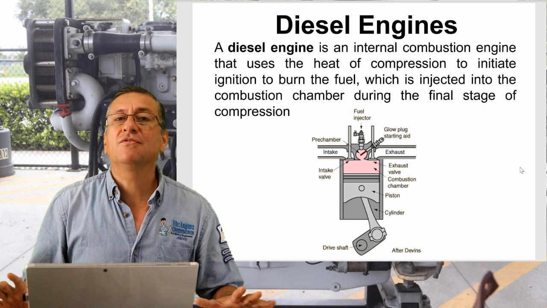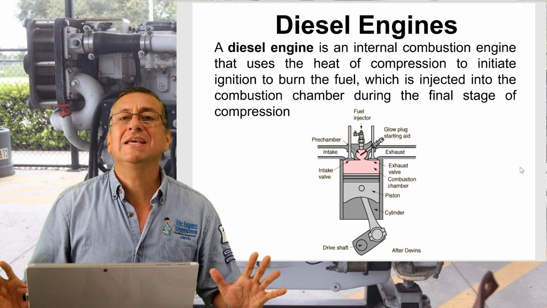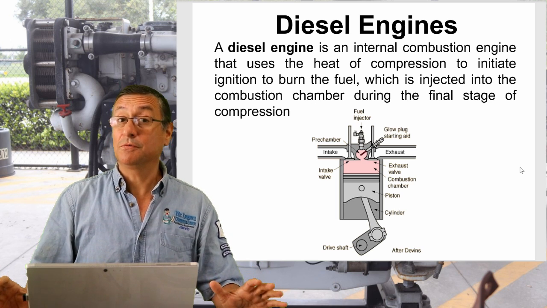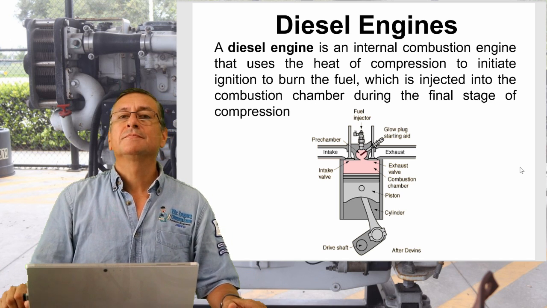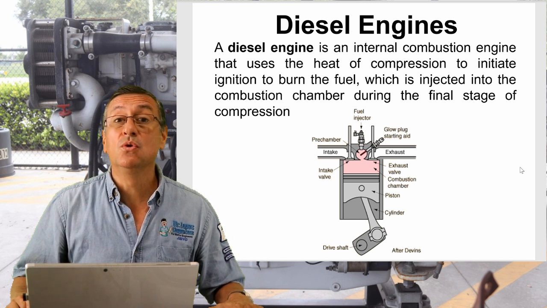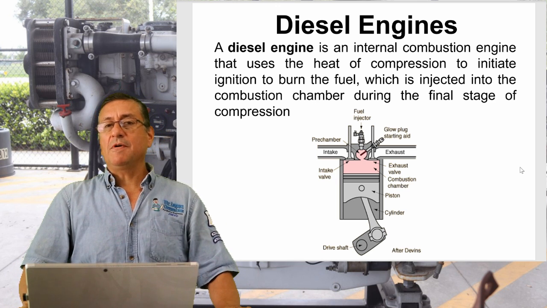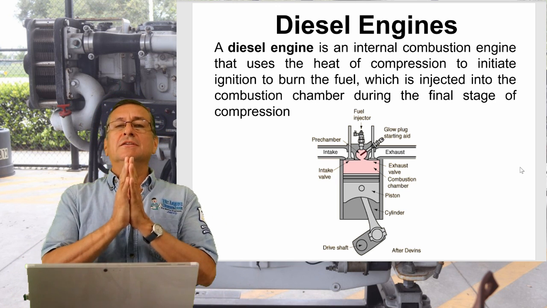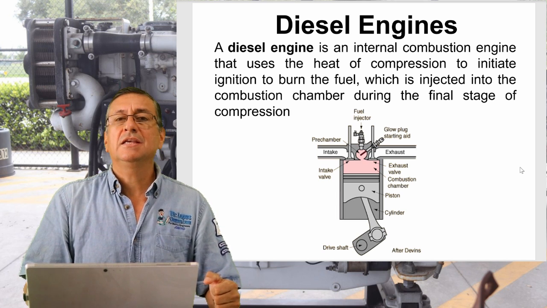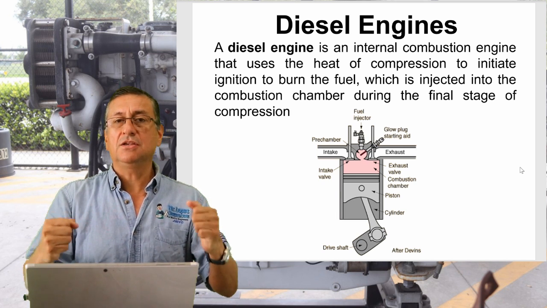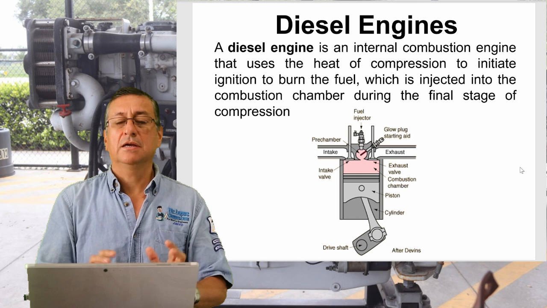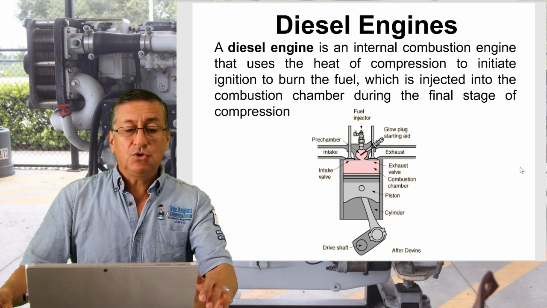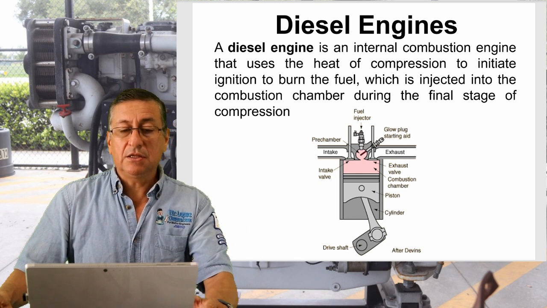In the majority of countries, the quality of the diesel is bad. I'm going to explain later in the chapter dedicated to fuel systems. Okay, my friends, until this point, is the main difference between gas engines and diesel engines clear? Okay, great. All right, we are going to check the theory related to this.